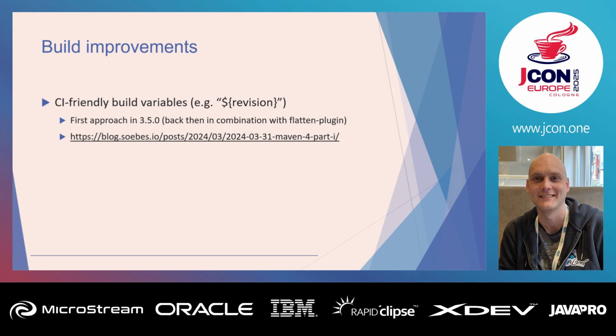They were introduced in Maven 3.5 as a first try. And you can use revision, SHA-1 and, I forgot the third, instead of your project version for your parent and your dependencies, and fill the value for the revision property, either declare it as a normal property in your POM or pass it from the outside, like your CI build.